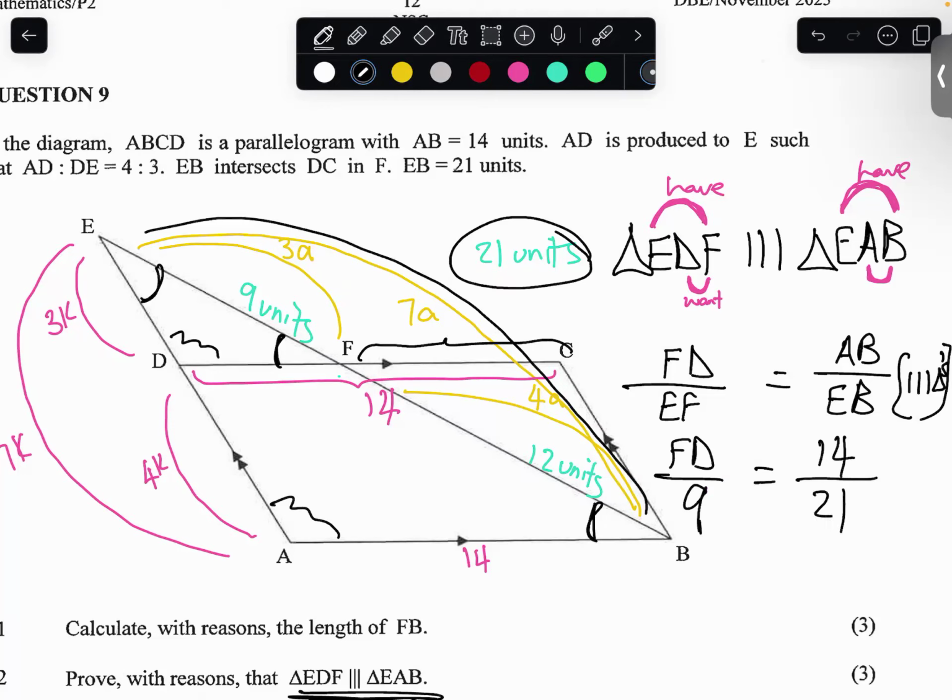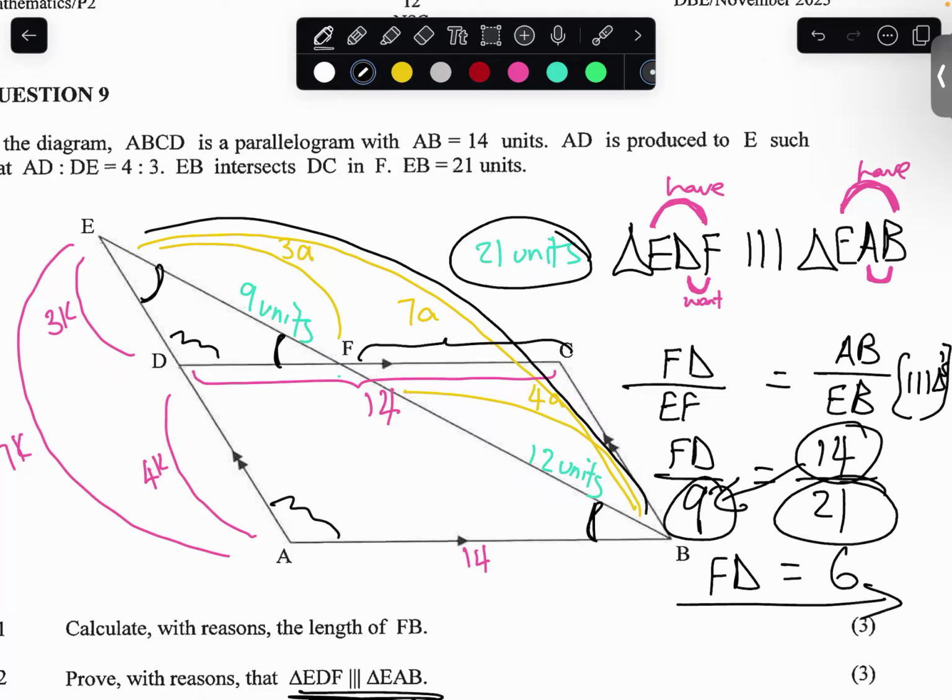And so the only thing I'm looking for there is FD. No, it's 6. FD is 6 units. So remember, I get this by saying 14 times 9, divide that by 21, and it gives you an answer of 6.